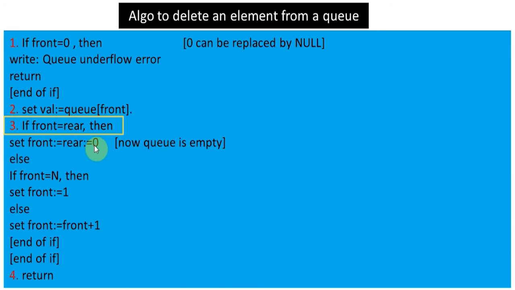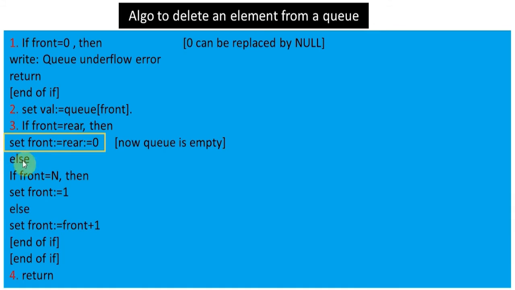So I'm going to assign the value 0 both to the variable rear as well as front. That indicates that now the queue is empty. And instead of 0, alternatively I can also use null, like in the first step I have given the comment that 0 can be replaced by null.